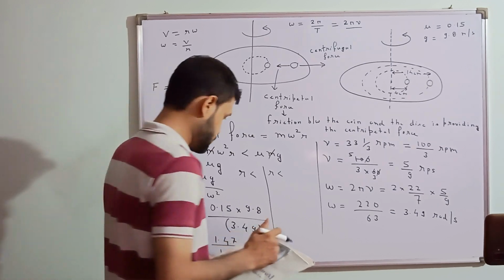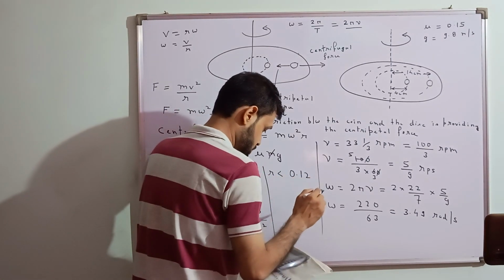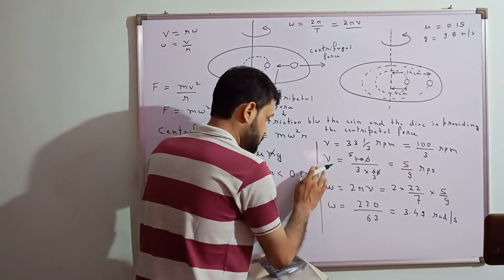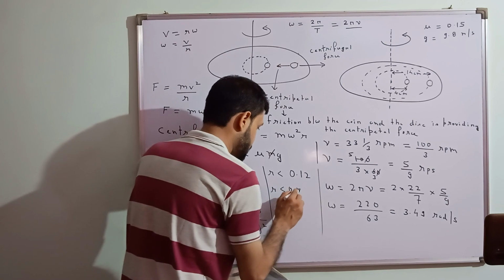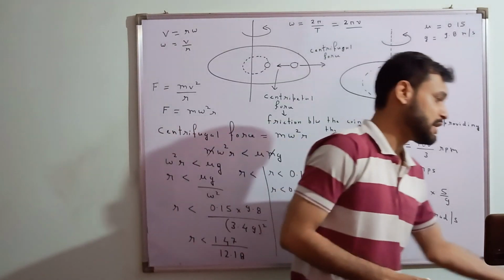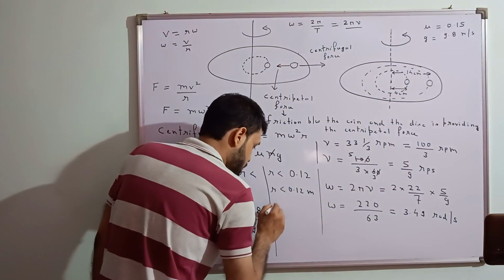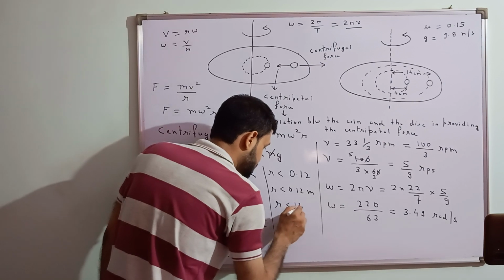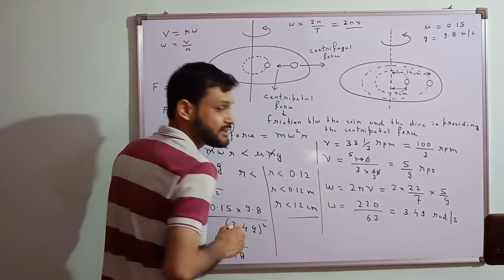I'm getting 0.12. So R is coming out to be 0.12 meter. And if you want to convert into centimeter, multiply this distance with 100. So your R is less than 12 centimeter.